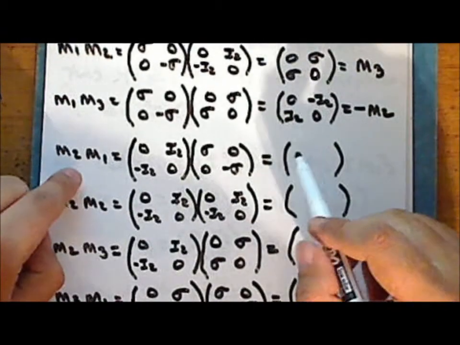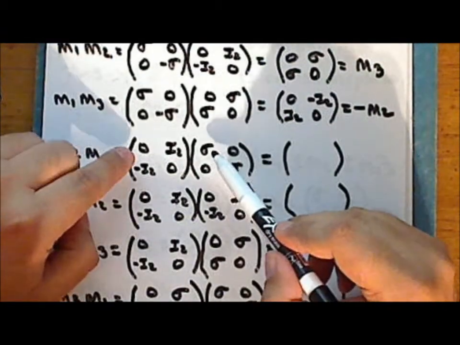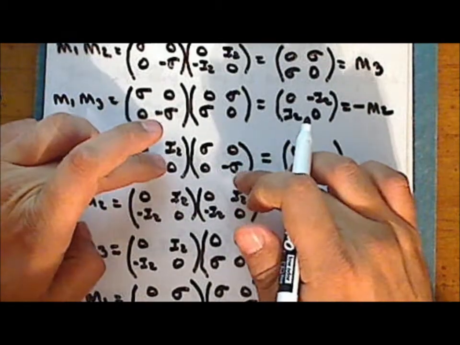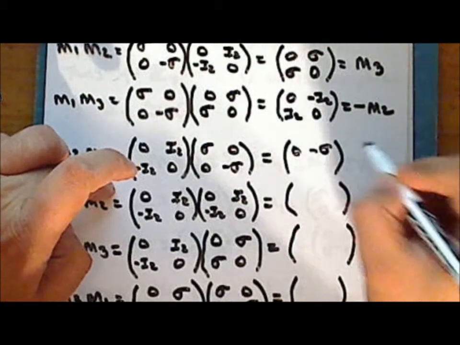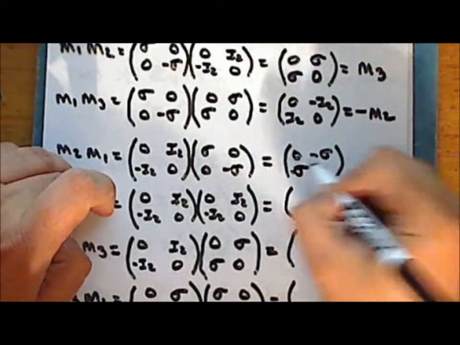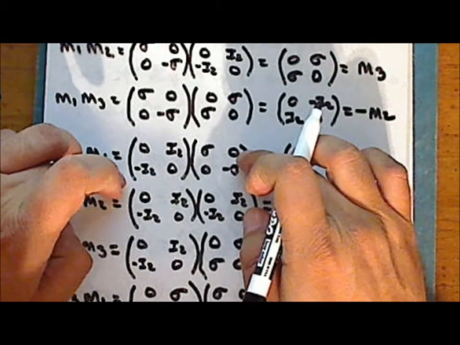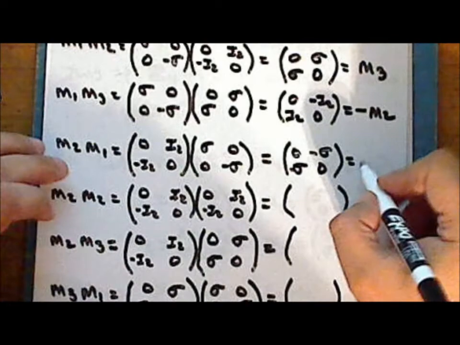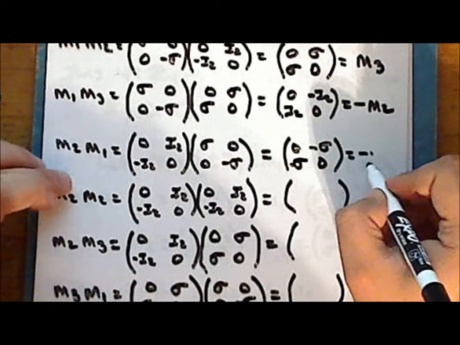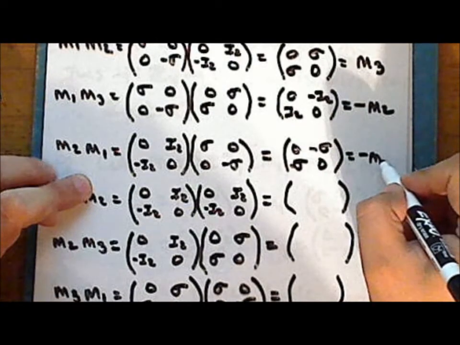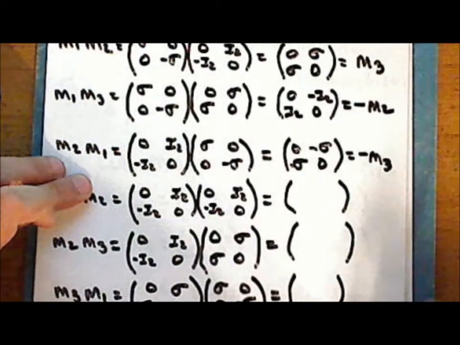M sub 2 times M sub 1 is the matrix with entries 0 plus 0, 0 plus negative sigma, sigma plus 0, and 0 plus 0. Notice that this is the negative of the matrix M sub 3.